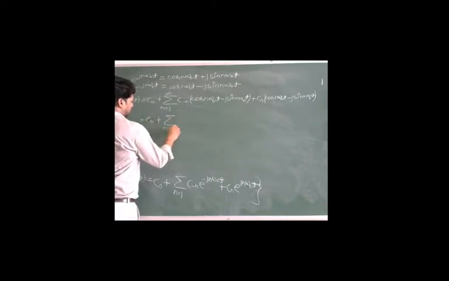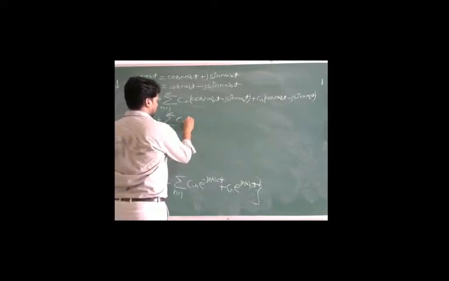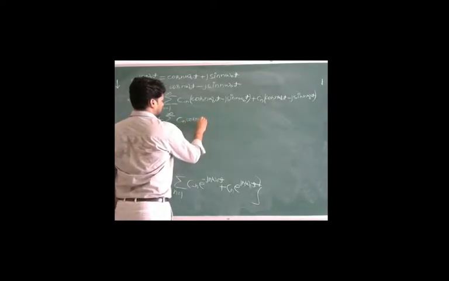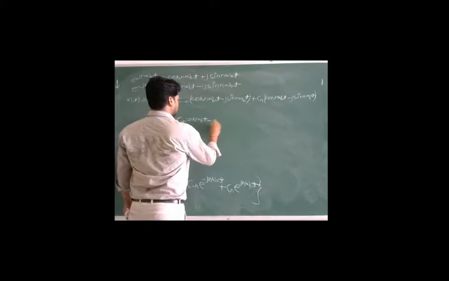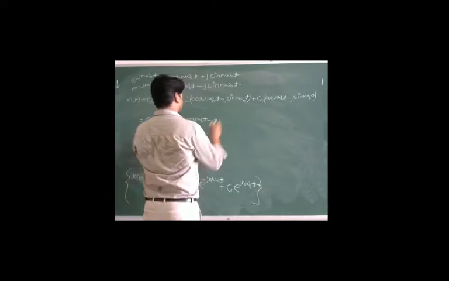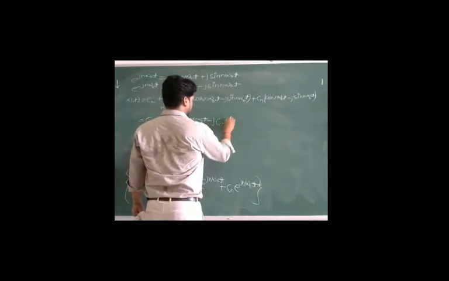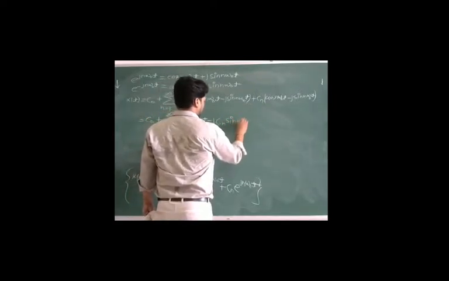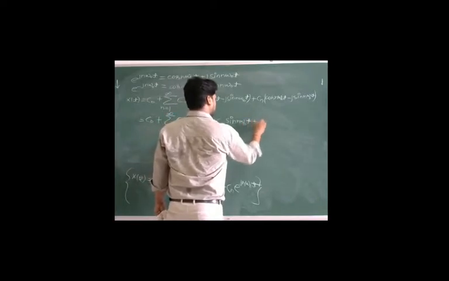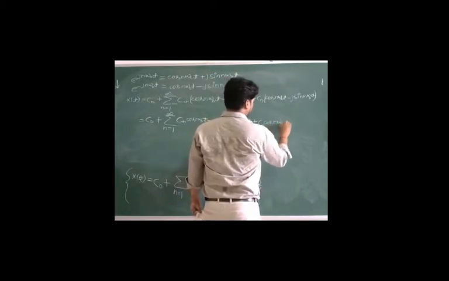And now this will become c naught plus sigma n is from 1 to infinity, c sub minus n cos n omega naught t, minus j c sub minus n sin of n omega naught t, plus c sub n cos n omega naught t.